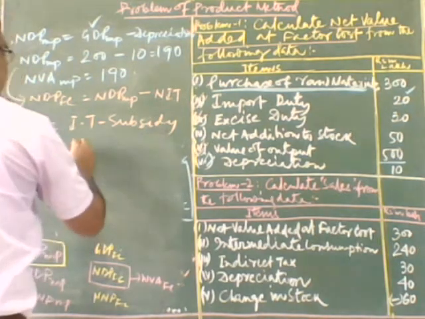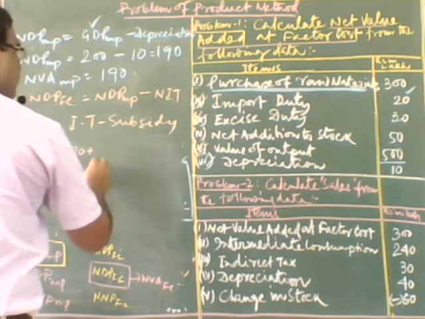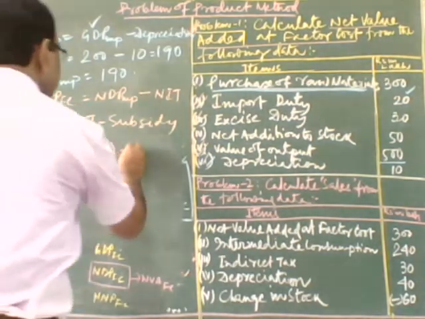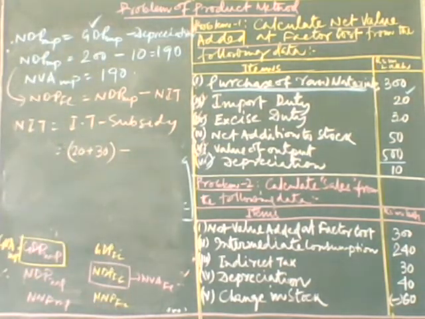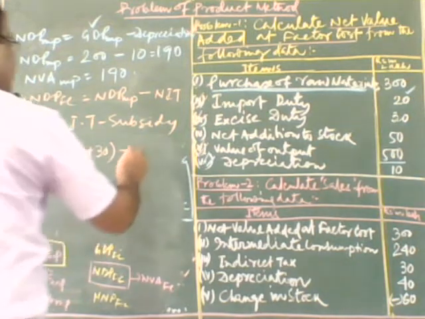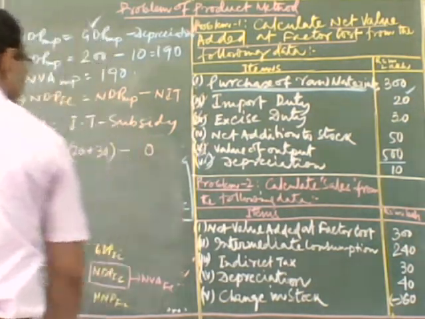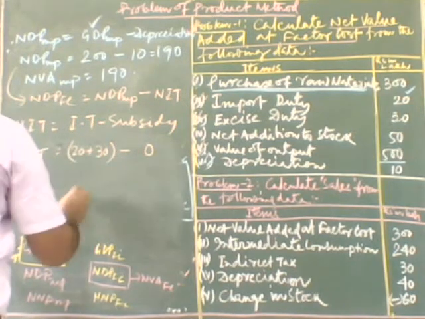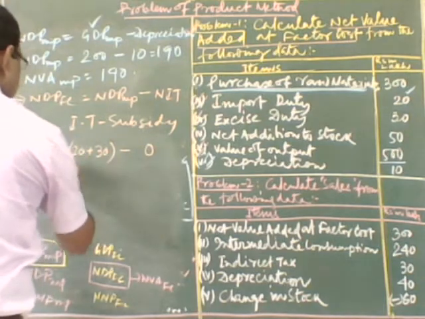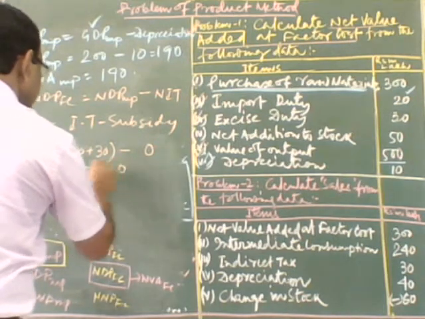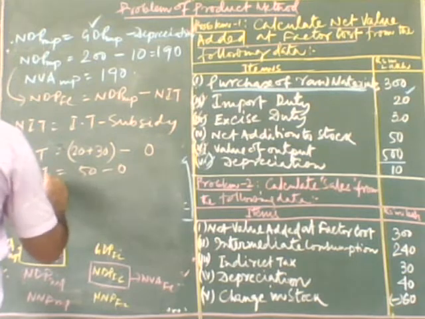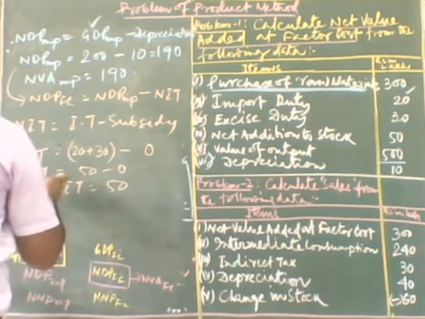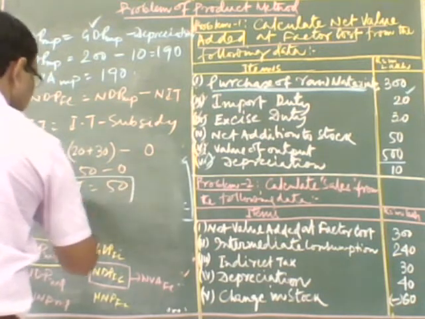So import duty is 20 plus excise duty 30, minus subsidy. Subsidy is not given in the question, therefore that value will be considered as 0. Therefore, NIT is equal to 50 minus 0, that is, NIT is only 50.